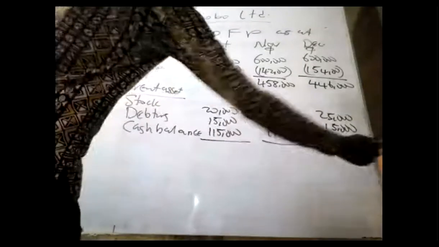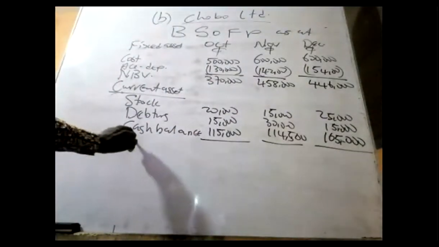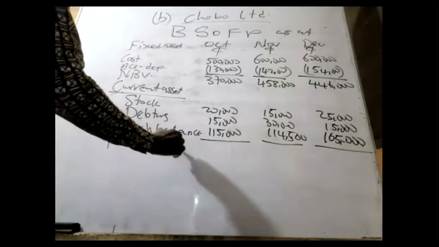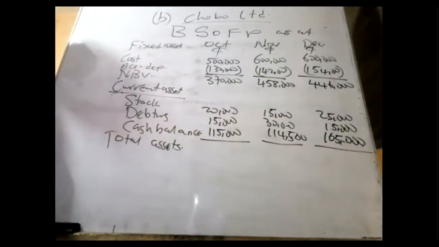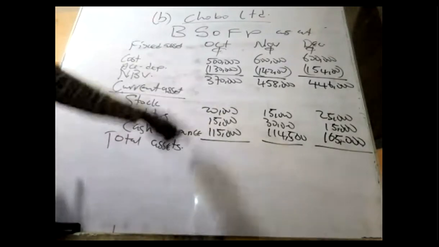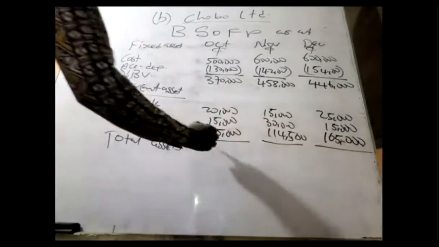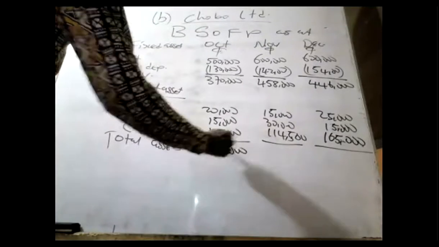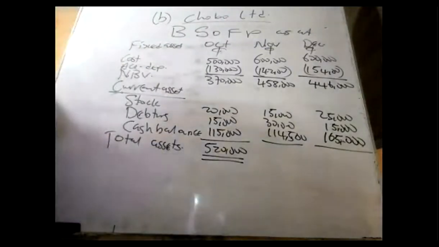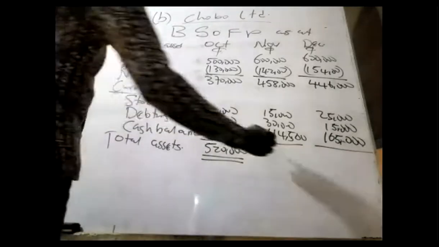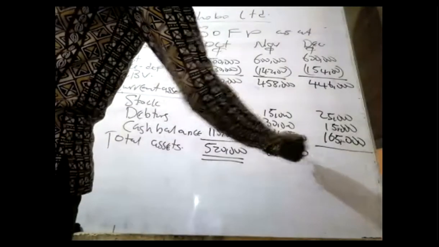Then the total assets. Adding all this, we get 520,000. The next one is 617,500.